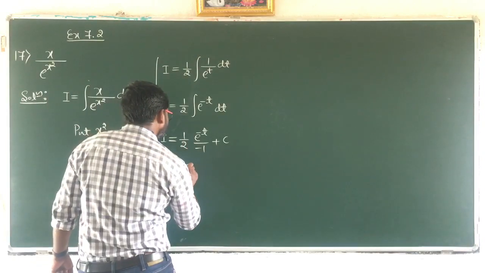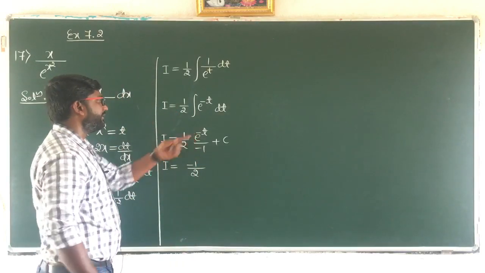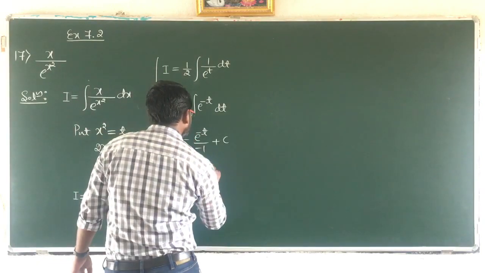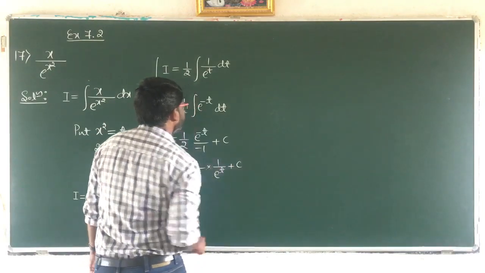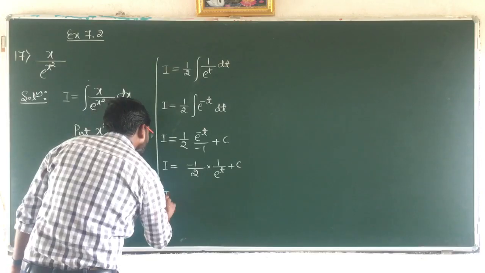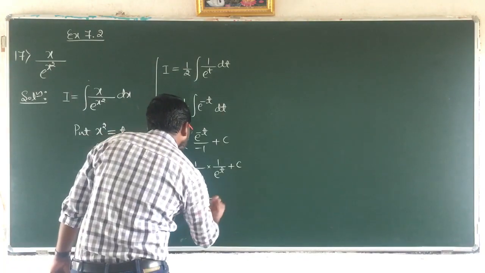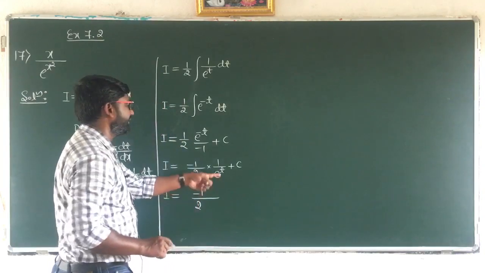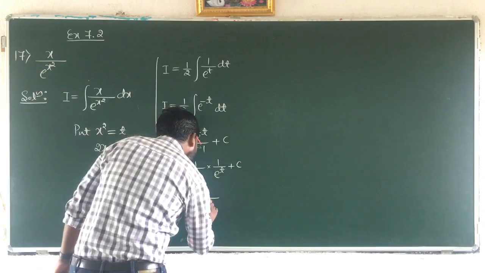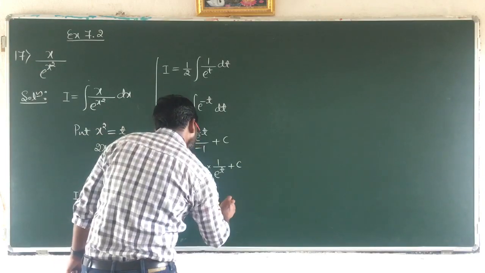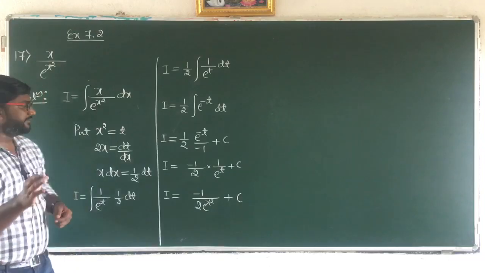So I write minus 1 divided by 2. Now e to the power minus t can be written as 1 divided by e to the power t, plus c. So the final answer is minus 1 divided by 2 into e raised to, what is t here? It is x square plus c. So this is all about the 17th problem.